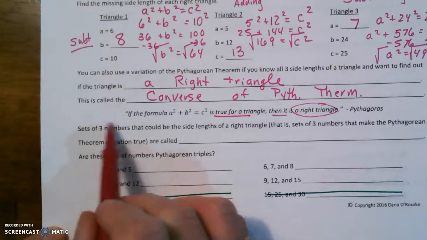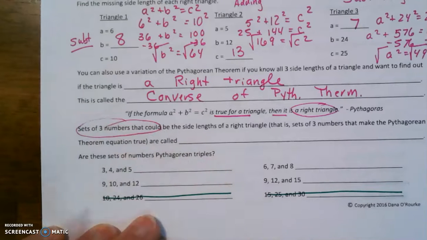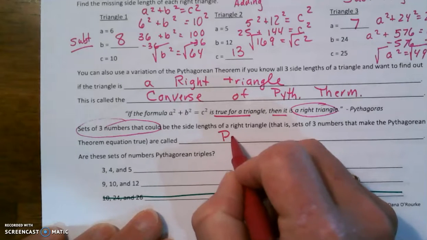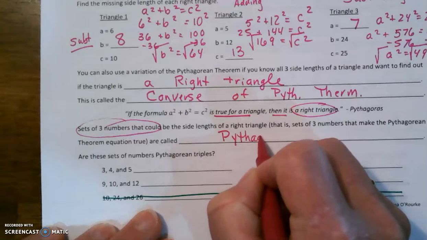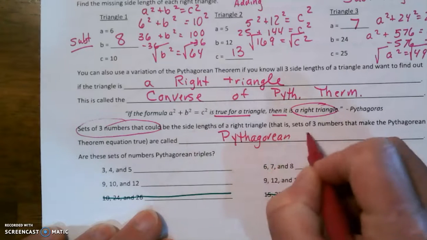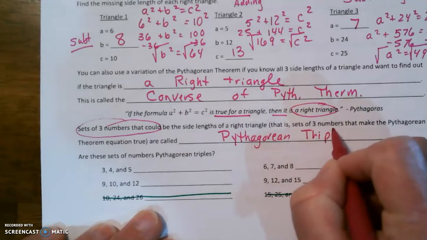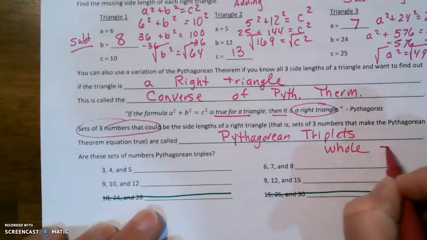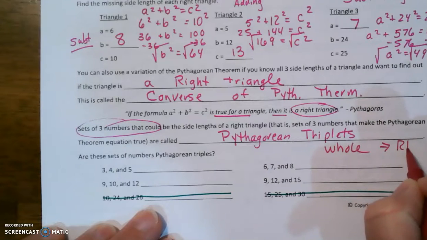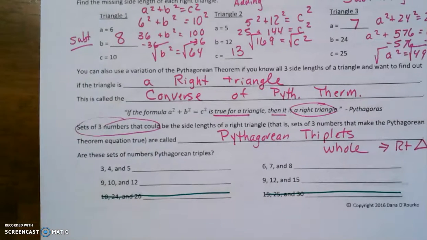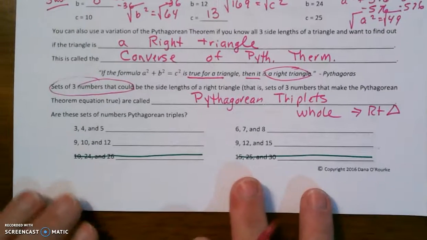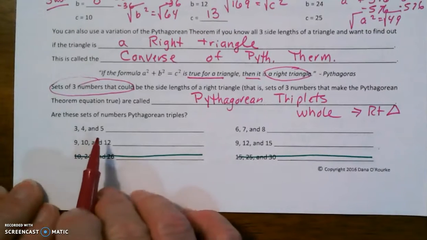Okay, a set of three numbers that can be used to identify a right triangle are called Pythagorean triplets. These are whole numbers that make a right triangle. The most familiar of these is the set of numbers 3, 4, 5.